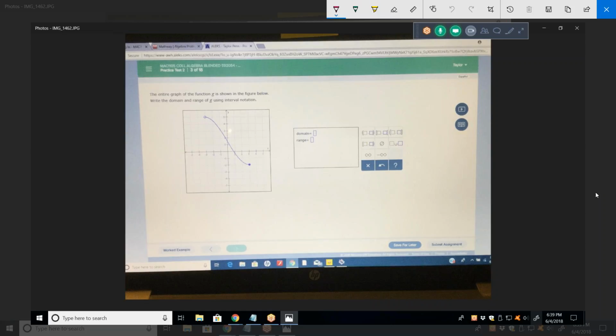Okay, so it would be a parenthesis since it's not a full circle from -3 to 3, followed by a bracket. And then the range will be bracket -2 and parenthesis 5. And that's it for that one.